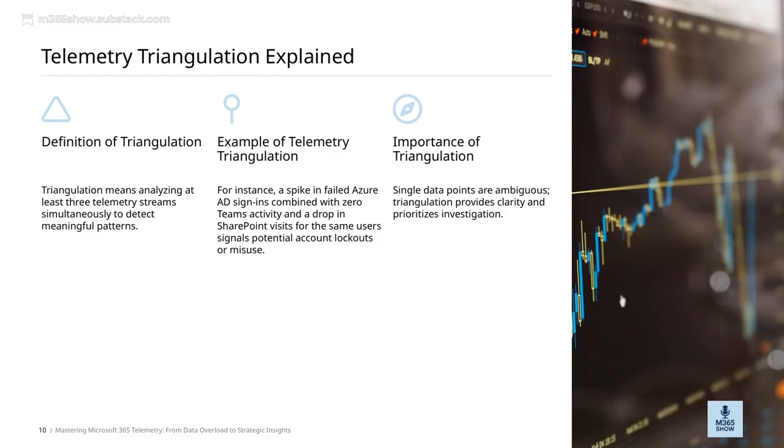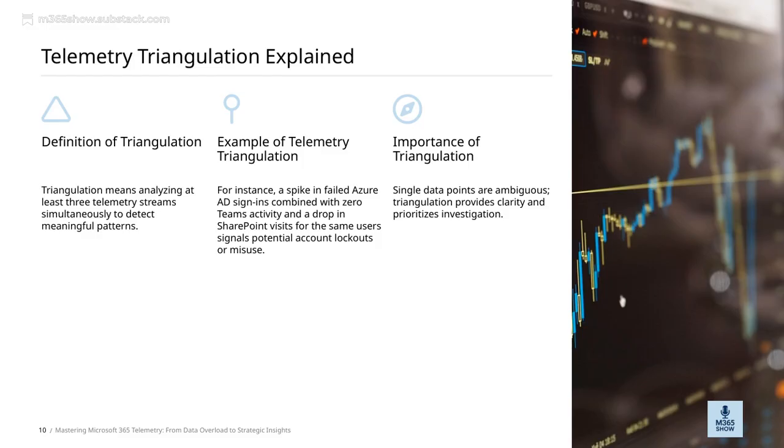For example, if we notice a spike in failed sign-ins alongside zero activity in Teams and a drop in SharePoint usage for the same users, that could point to account lockouts or even potential misuse. It's about connecting the dots to understand the bigger story.